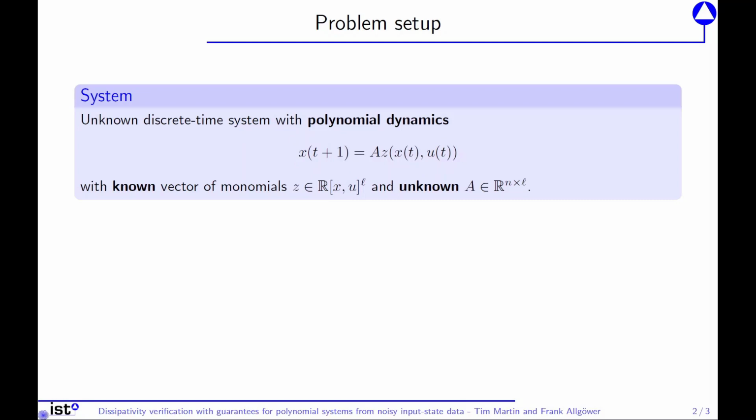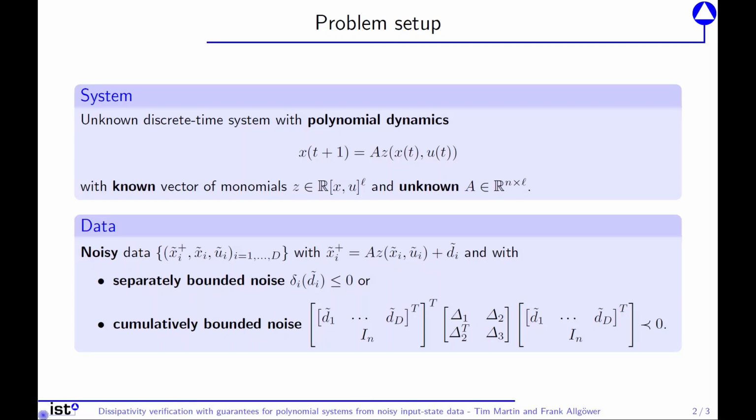Note that the knowledge of Z is not too restrictive, as Z could contain a large number of monomials. Moreover, we assume that some noisy input state measurements are accessible, where the noise vector is bounded either pointwise in each time step or by such an energy bound. I should emphasize here that the noise vector is not known.